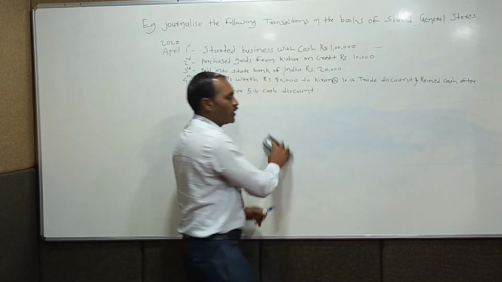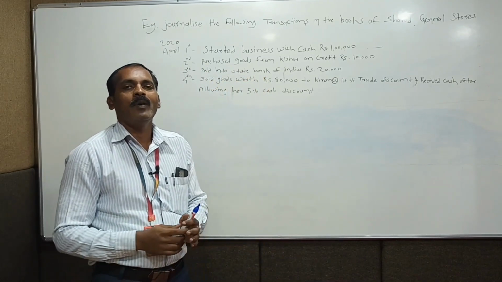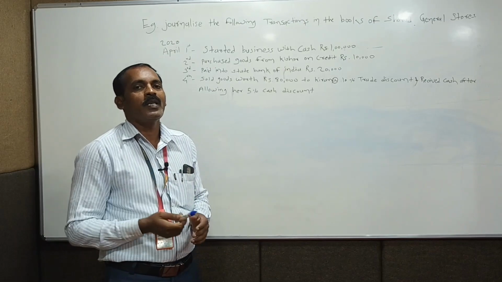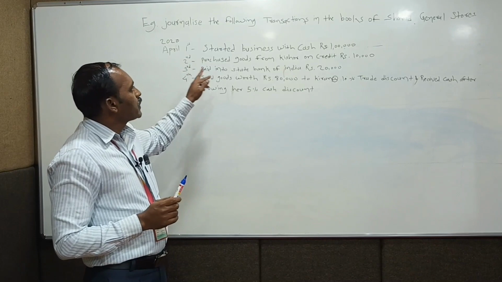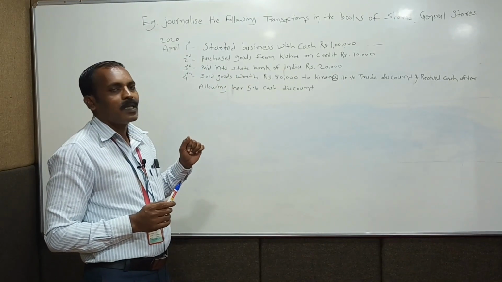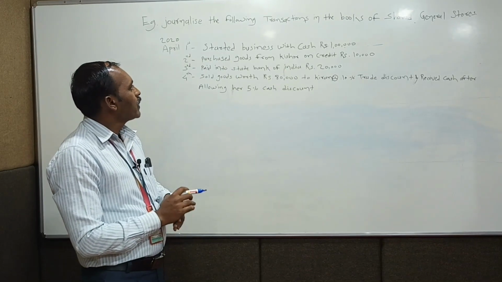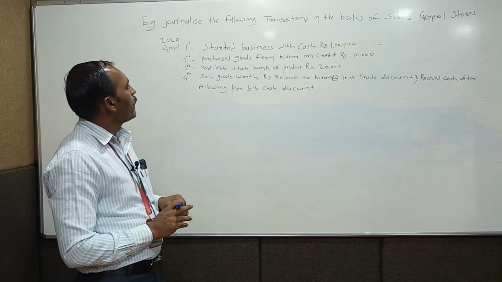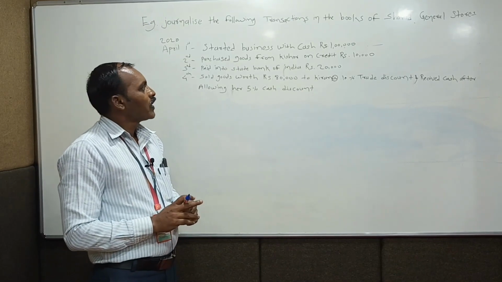A credit transaction means goods are purchased or sold at a particular time, but the amount is received or paid at a future date. So on 2nd April, purchased goods from Kishore on credit rupees 10,000. So this transaction involves two accounts. First is the purchases account and second is the Kishore account, because it is a credit transaction.